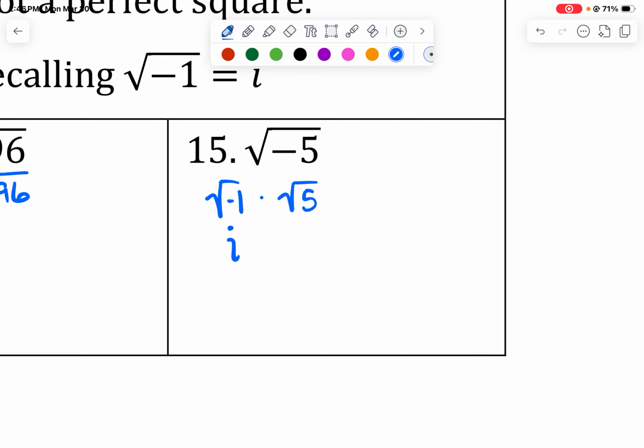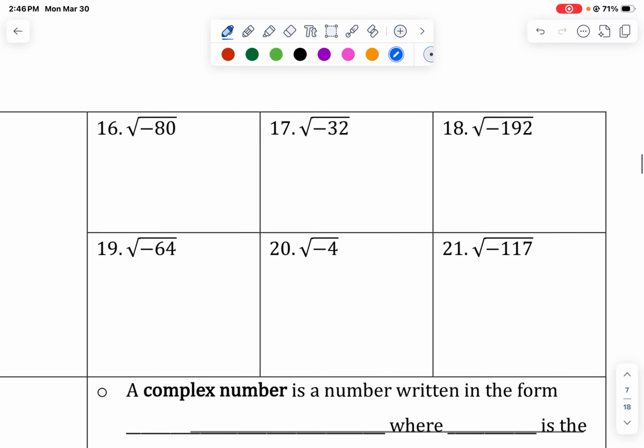For number 24, we can break down these radicals just like we did the earlier ones. We can rewrite this first one as the square root of -1 times the square root of 9 times the square root of 2, which gives us 3i root 2. Then we can rewrite the square root of -10 as the square root of -1 times the square root of 10, because we can't break that down any further, and it gives us i root 10.